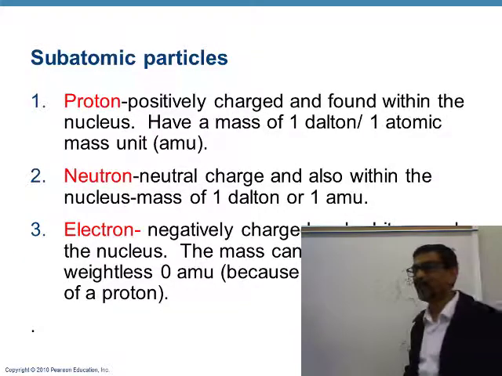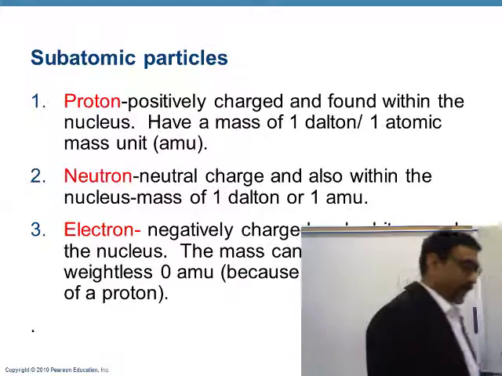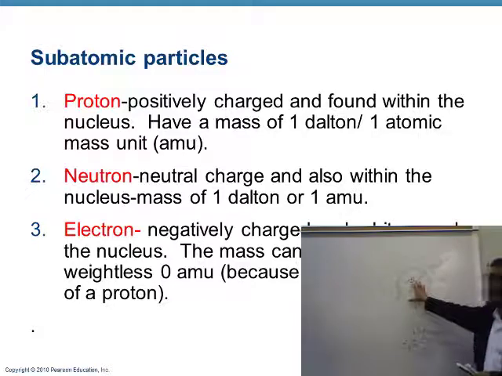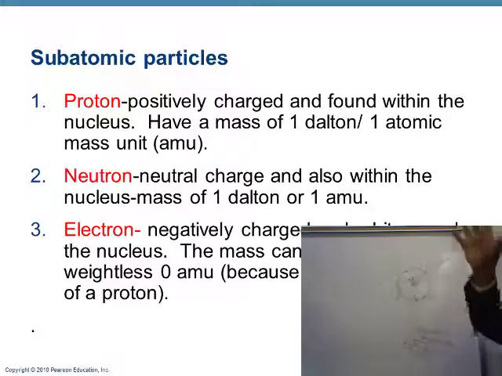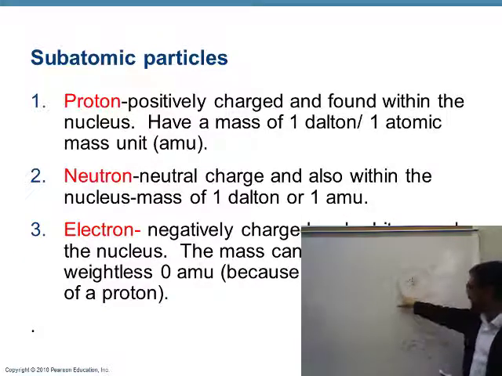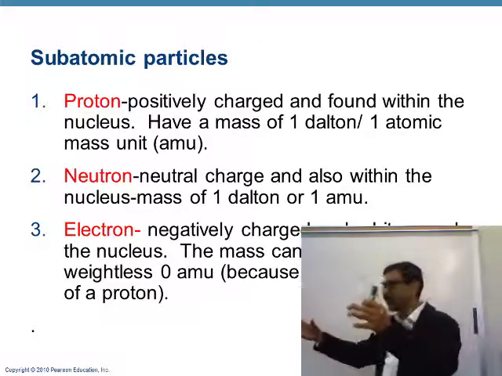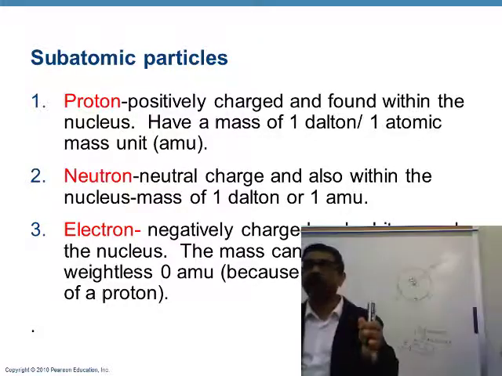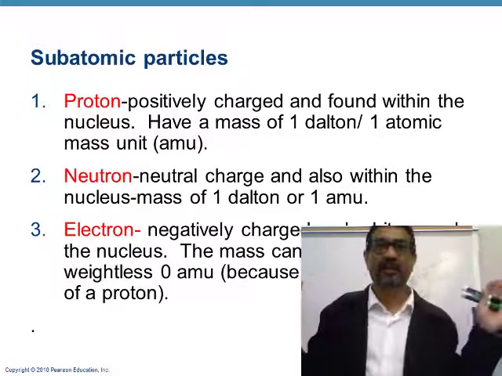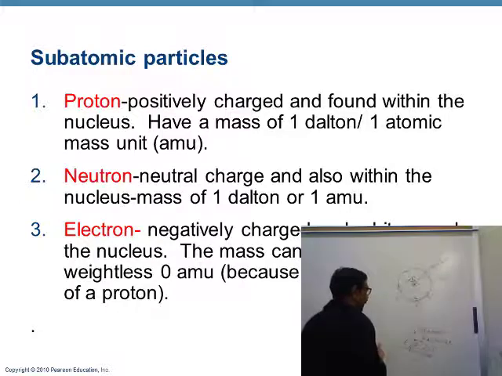Is it clear? On the outer shell. Now, this atom is a neutral atom. Why? Because you see, it has 3 plus, 3 minus. Make sense? So 3 plus and 3 minus, an equal number of positive and negative, will make it neutral. So atoms are neutral.